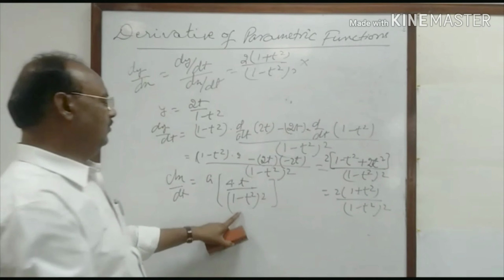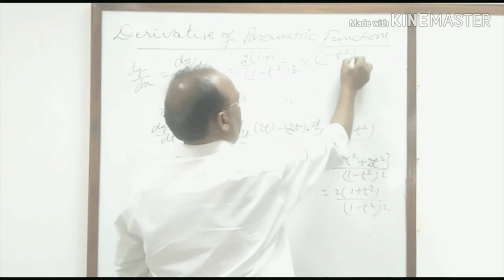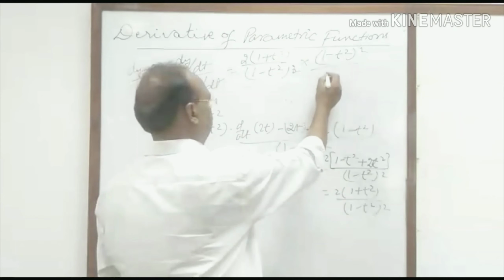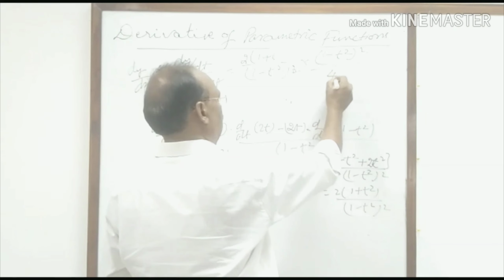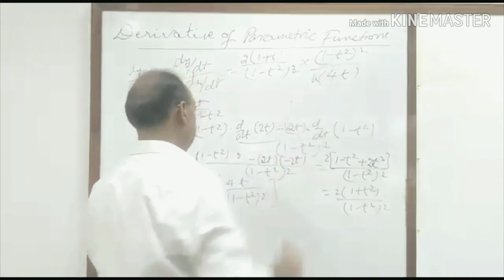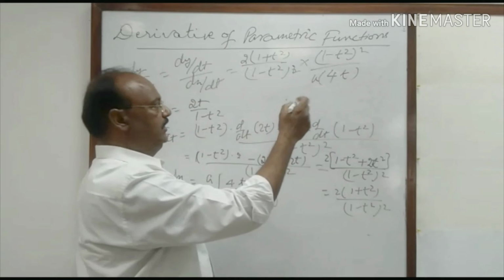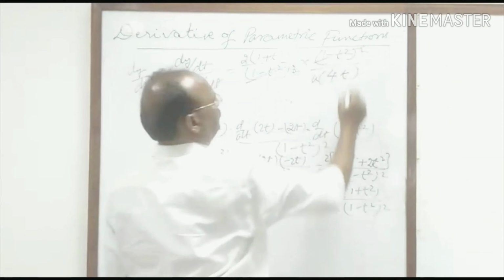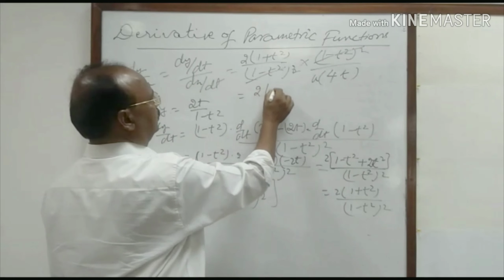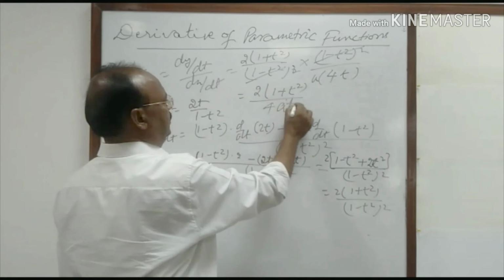So in reciprocal form we can write (1 minus t square) whole square divided by 4t into a. Now you see, we can solve it easily. This will cancel out, and finally we are getting 2 (1 plus t square) upon 4at.